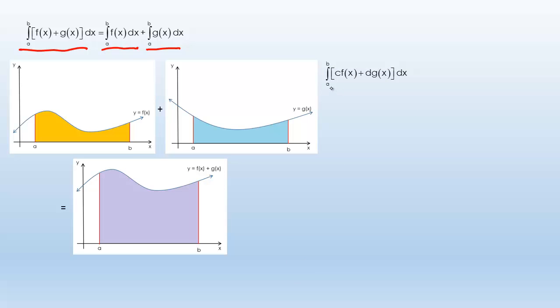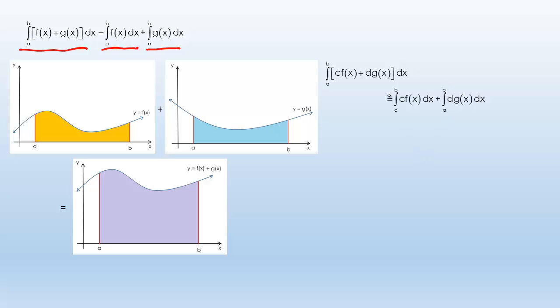Now over here we have the integral from a to b of c f of x, so that's some constant times f of x plus a different constant, or it might be the same constant, multiplied by g of x. And we're saying that that's equal to c times the integral of f of x from a to b and d times the integral of g of x from a to b.